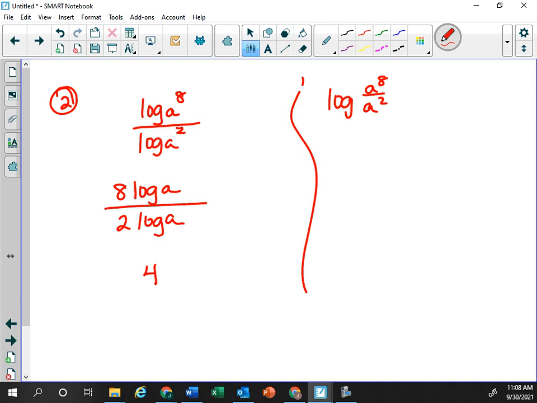Oh, yeah. I just got it completely wrong. If you were to have log a to the fourth, would it be 4 log a? If you had log a to the fourth in the denominator, you'd have 8 log of a over 4 log of a.